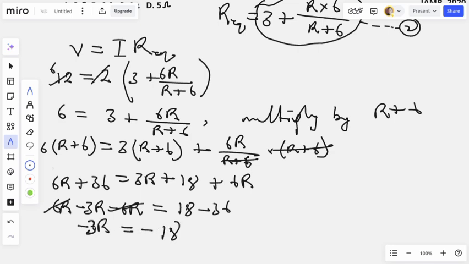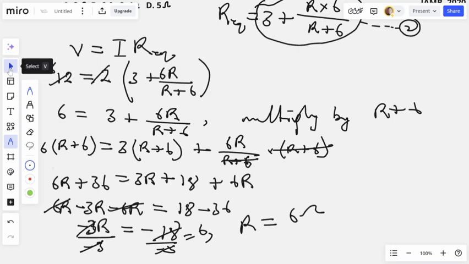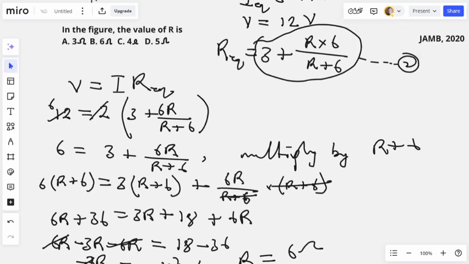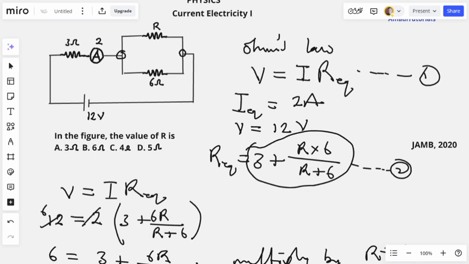And then in order to make R the subject of the formula, if you divide both sides by minus 3, minus 3 will cancel minus 3, and minus 3 will cancel minus 18, 6 times. So you have that your R equals what? 6 ohms. So the value of our R is 6 ohms. Which option is that? Option B.